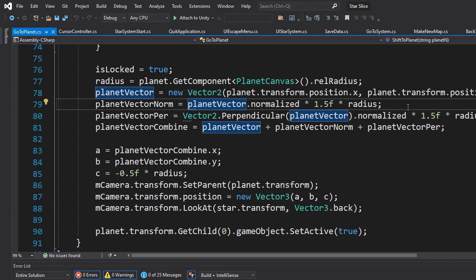Up in this case is -z. So we have the first vector, and then we have a second vector perpendicular to it, which is now normalized, and then multiplied by this scale, this 1.5 times the radius of the planet that we're on. And now we combine these two vectors.